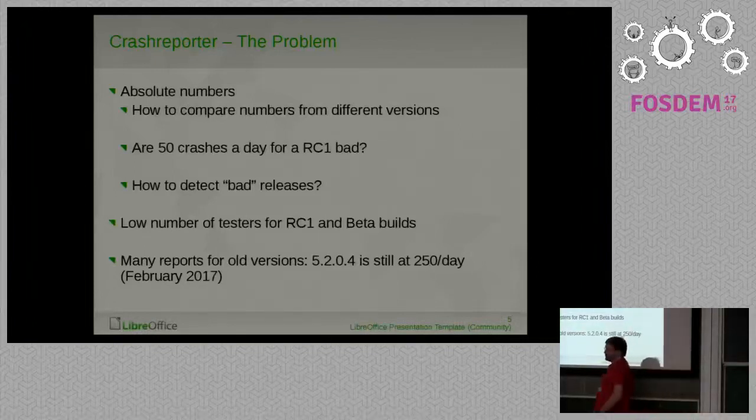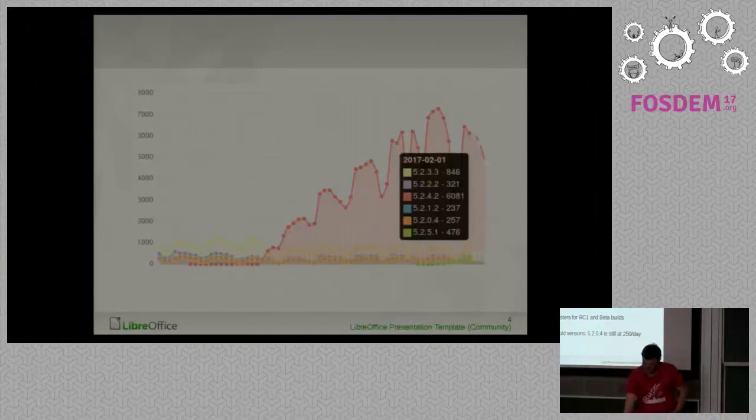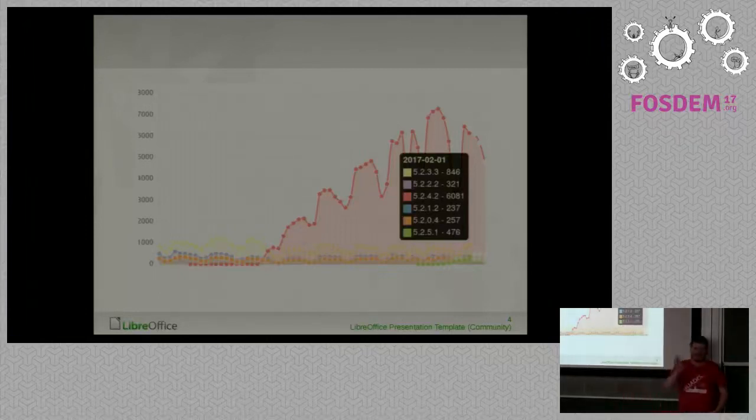Our second issue that is quite bad, if you look here, we still have 250 crashes a day for 5.2.0, which was released, I think, in August last year. And 5.2.1 was released in September last year, so five and six months ago.